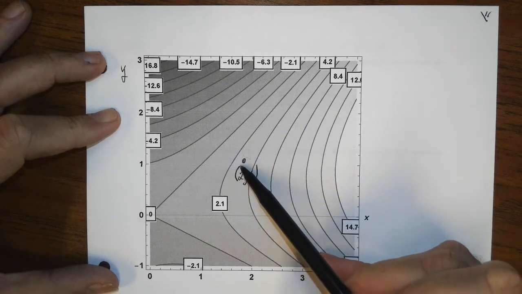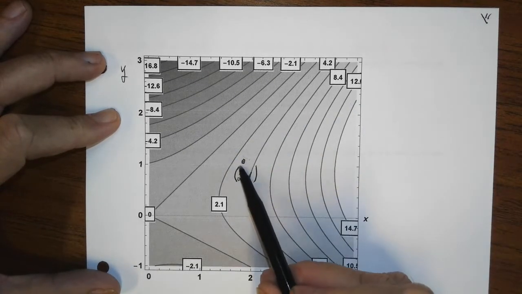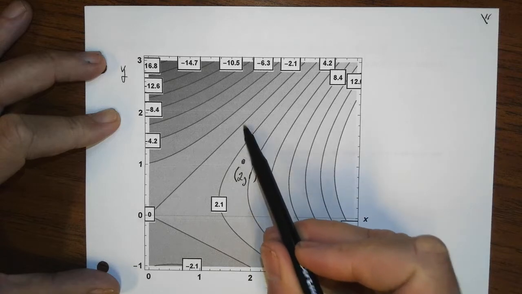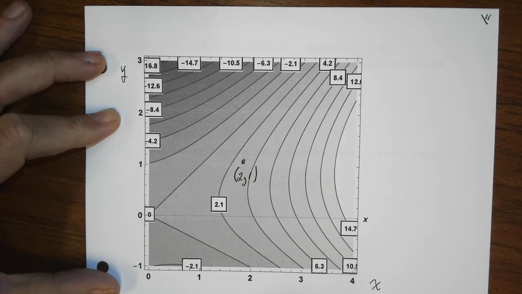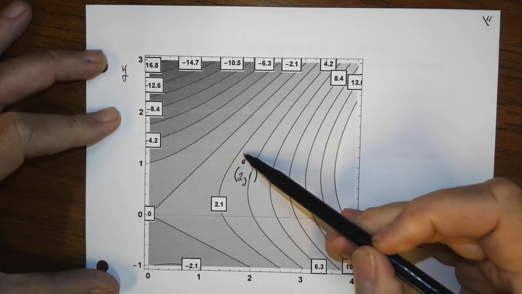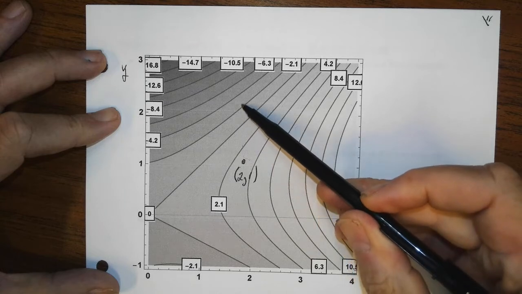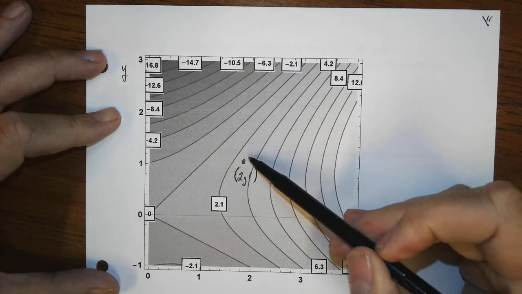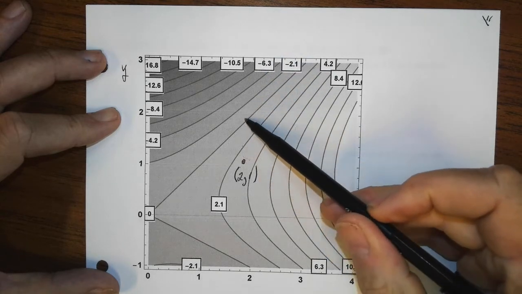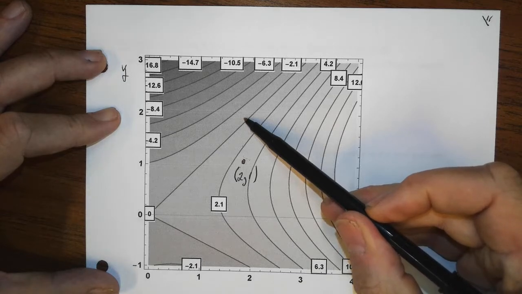Now let's take a look in the y direction. Let's start at this point and let y increase. Now as y increases, take a look at the contours. That's as I move in that direction. Look at the contours and how they're labeled, and you'll see that I'm going downhill on the surface.